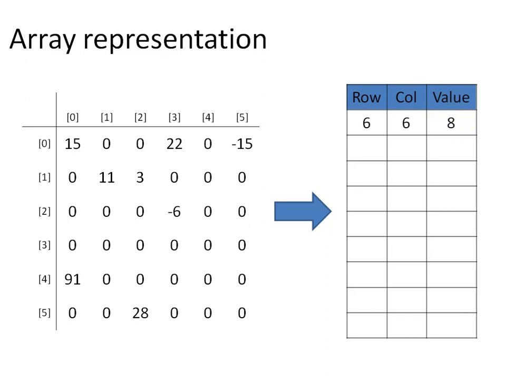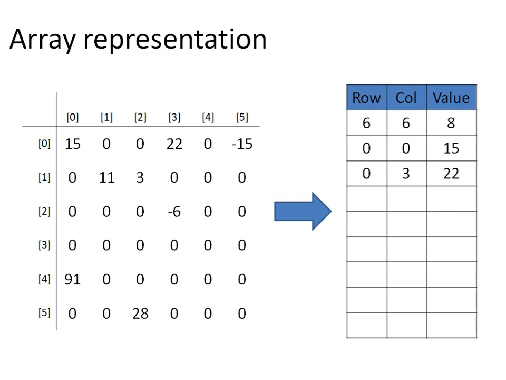Next, we have to scan the sparse matrix either row-wise or column-wise, and we have to note the row index, the column index, and the value of the non-zero element. So here we will scan row-wise. The first non-zero element 15 occurs at index position 0, 0.